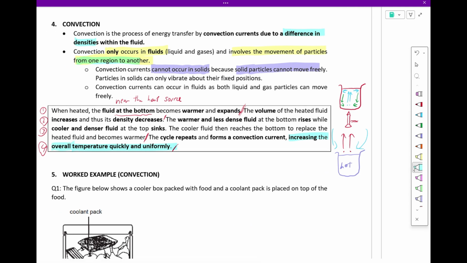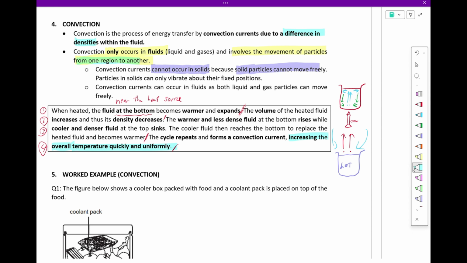So let me tell you how. First thing, when the air near the surface of the hot water gains heat and expands, the volume of heated air increases and becomes less dense.